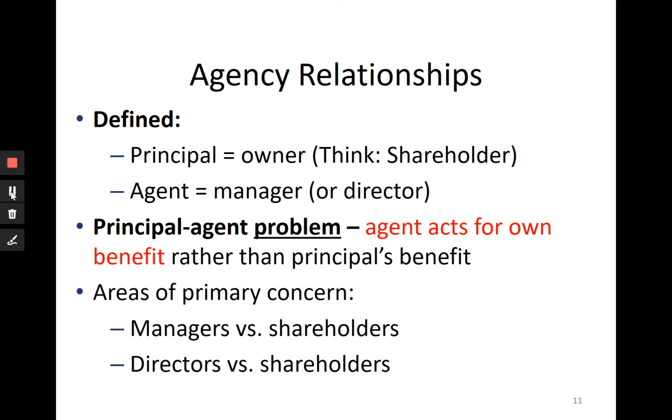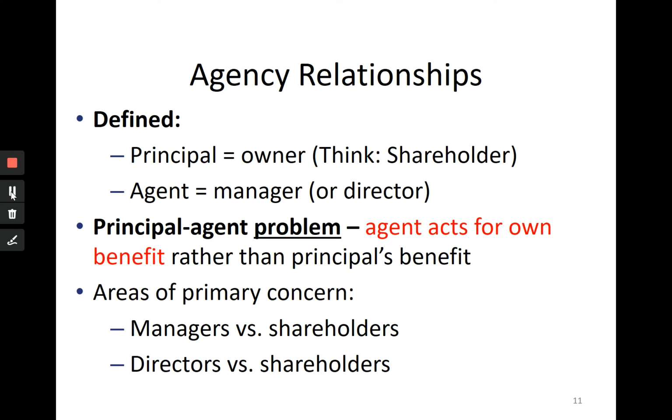Then we get to this principal agent problem. Well, the agent has his or her best interest in mind. And the agent maximizes his own utility or wealth.